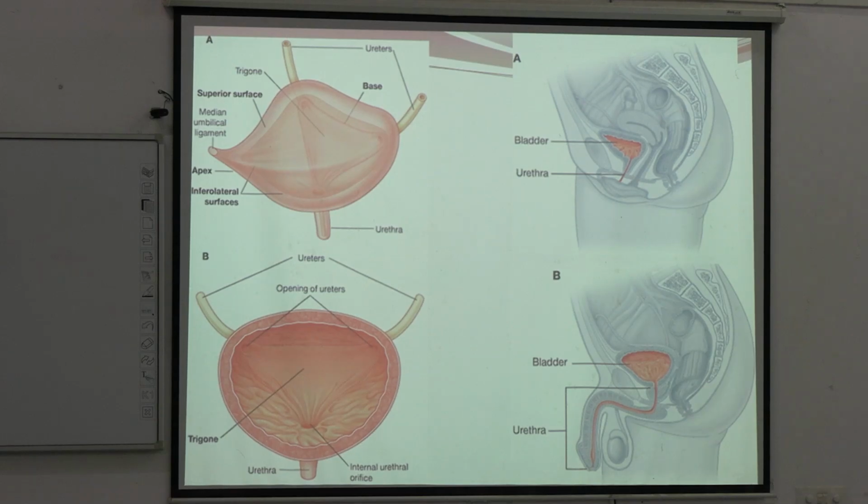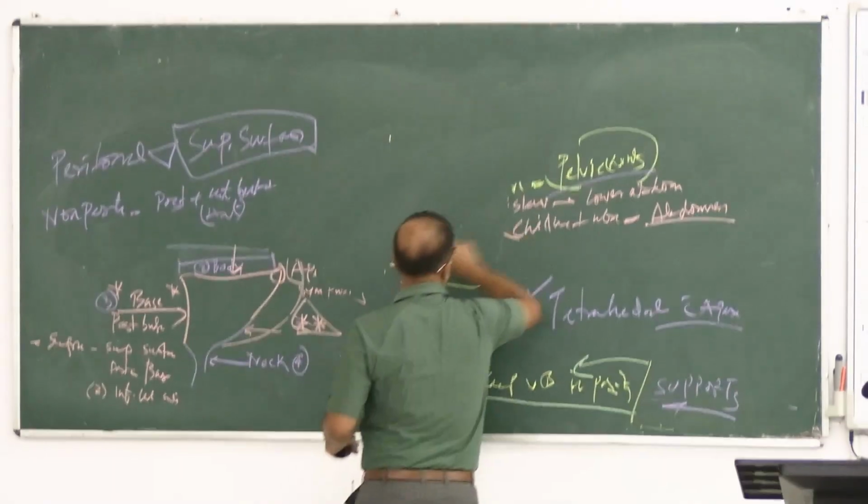Having said this about the relationships, this brings us to the factors which keep the urinary bladder in position in this region. We call them supports, which keep the urinary bladder in position.